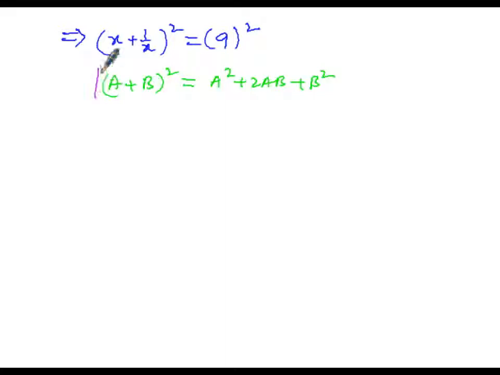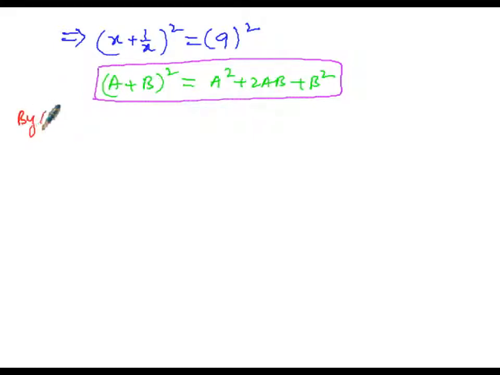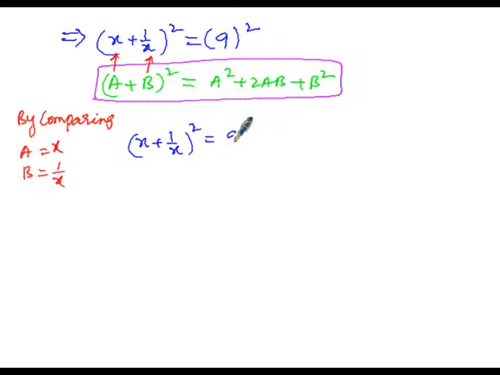So based upon this principle, we have to replace a by x and b by 1 by x. So a equals x and b equals 1 by x. Then the expanded form of x plus 1 by x whole square equals 9 whole square can be written as follows.